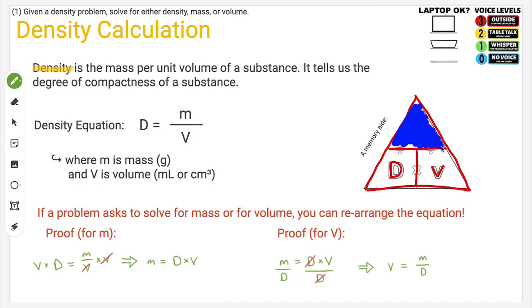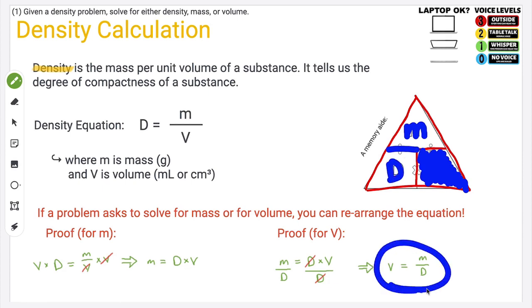Notice how they're not over each other, they're right next to each other. Mass is density times volume. That's this one. Mass is equal to density times volume. Okay, what if you're asked to solve for volume? You'd cover volume. What do you have left? I have mass over density. Volume equals mass over density, right?